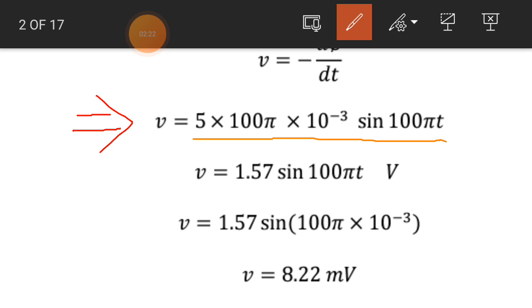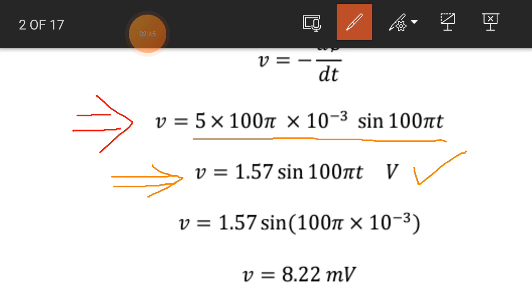and the instantaneous equation for this voltage is 1.57 into sine of 100 pi t. So this is the time varying voltage that is induced across the conductor.